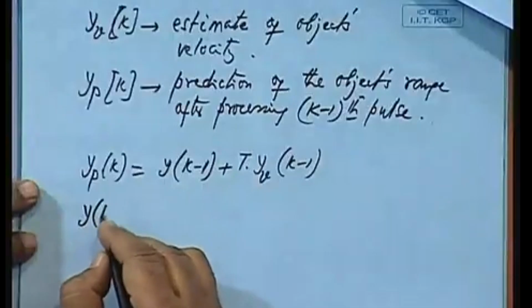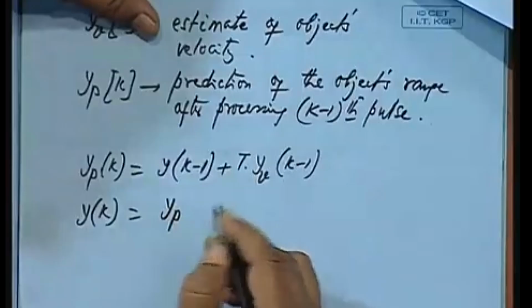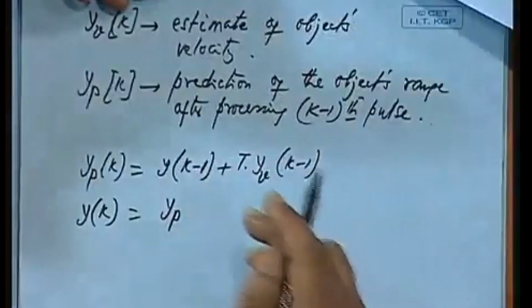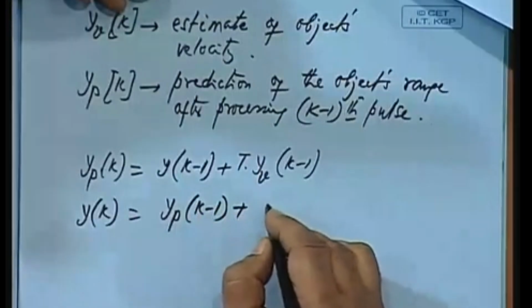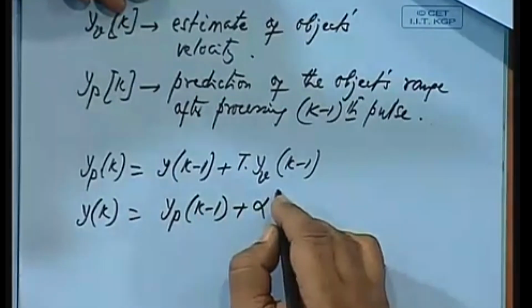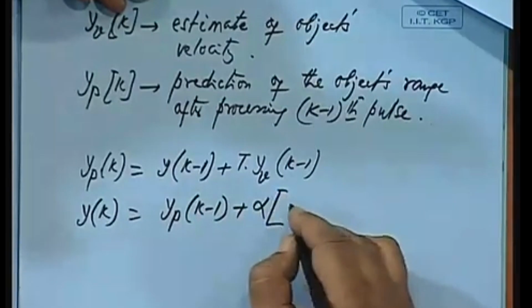Similarly, what will be the estimate at the next instant, that is after processing k number of measurements, what will be its value yk? How will you estimate yk? It is the predicted value, whatever was predicted to be the value at this moment from the previous instant, ypk minus 1, plus we take a correction factor into the error. And what is the error?